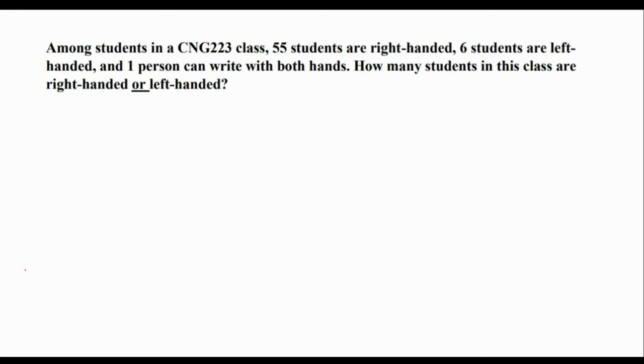Among students in a CNG 223 class, 55 students are right-handed. So the number of right-handed students is 55. Okay. And 6 students are left-handed. So we have 6 students left-handed.